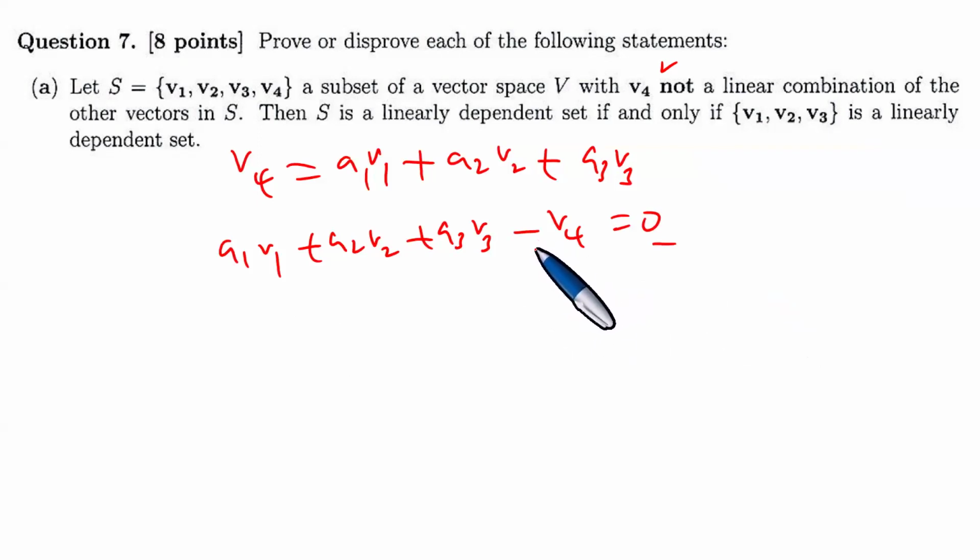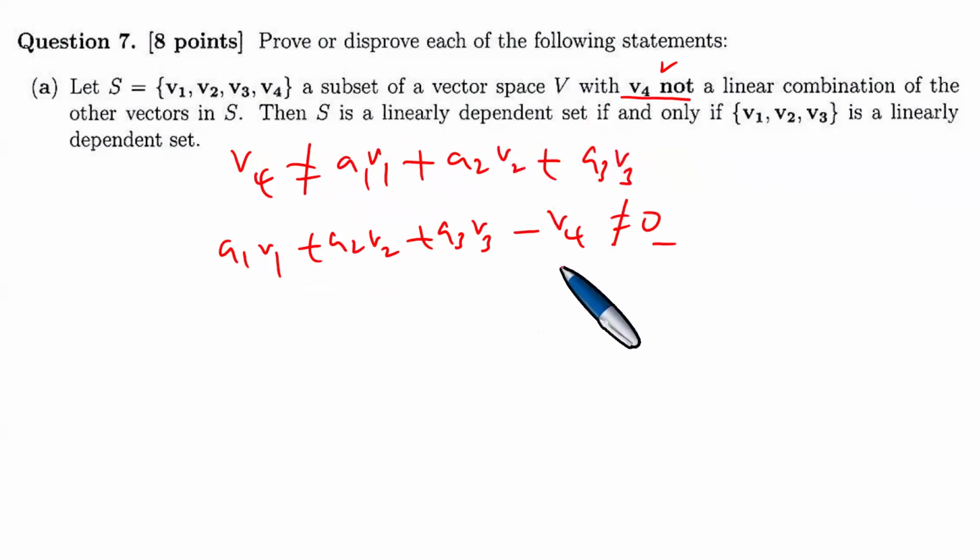And because not all the scalars are 0, you come to this observation from the fact that V4 is not a linear combination of the other vectors. Then S is actually a linearly dependent set.